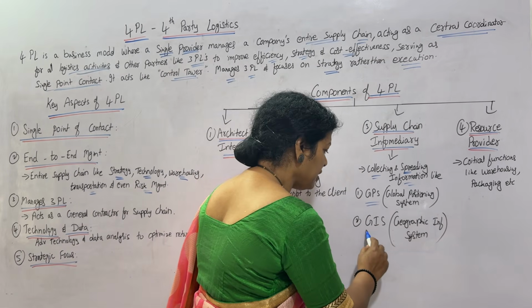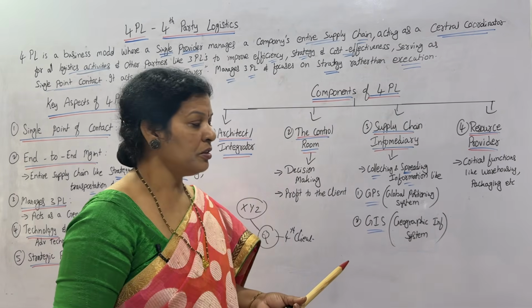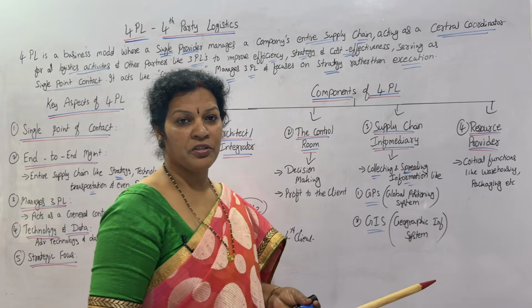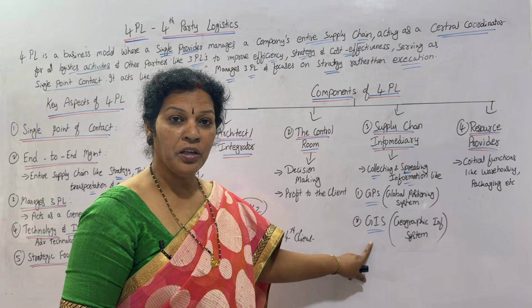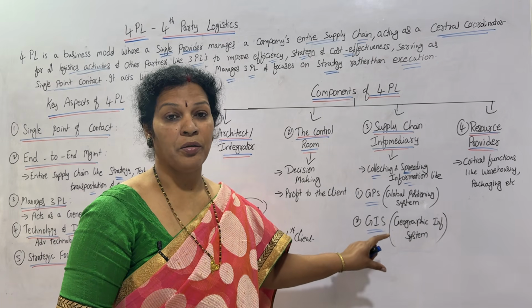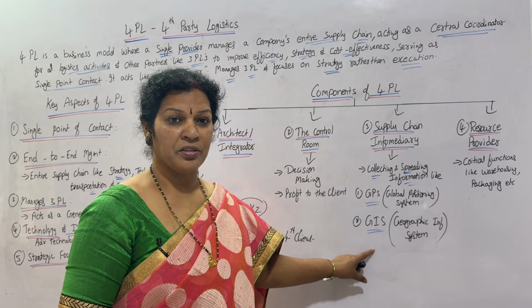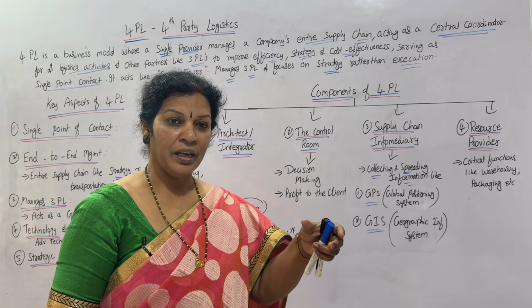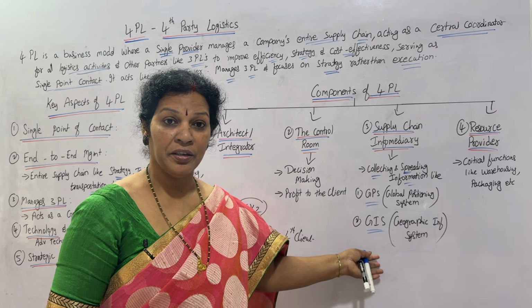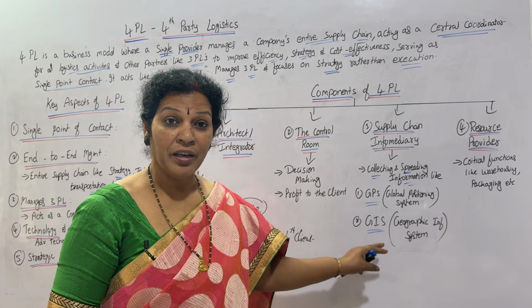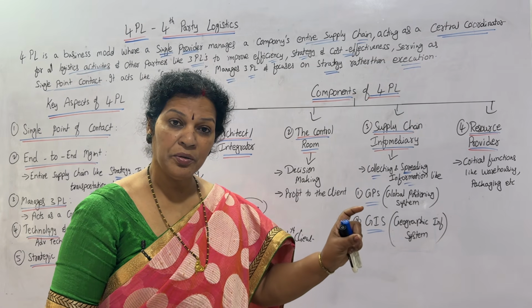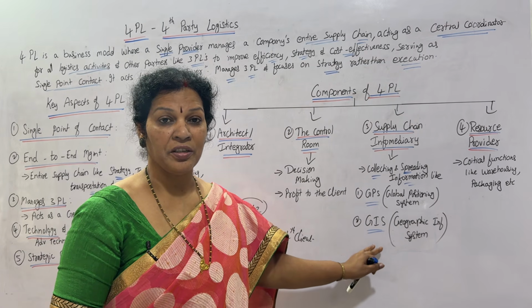And also GIS, which means Geographic Information System. It's like total information related to the technology. Client information and other clients' information will be available here. All the information related to any aspect, you will find it in GIS.